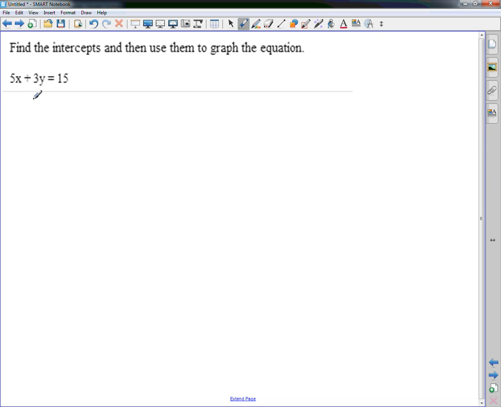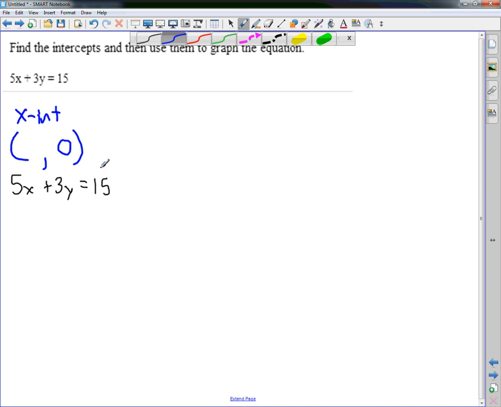Okay, so let's go to our first problem and find the x-intercept. The x-intercept happens when the y value is 0. So I'm going to take my equation of 5x plus 3y equals 15, and plug in 0 for y.